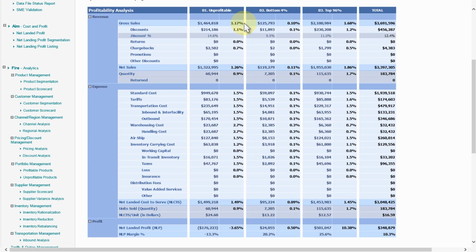We go over to the bottom and there's 125,000, but our top 96% of our products sold in these three states is generating sales of about $2 million. Let's go down to the cost side though. Look at the cost. On the unprofitable products being sold in these states, we have a cost structure that's about $1.5 million. That's cost just for these products, just in these three states.